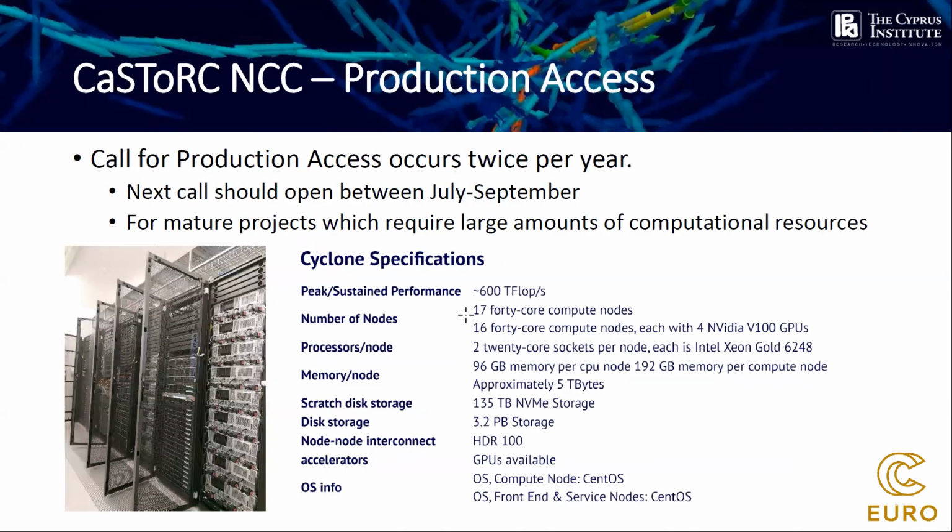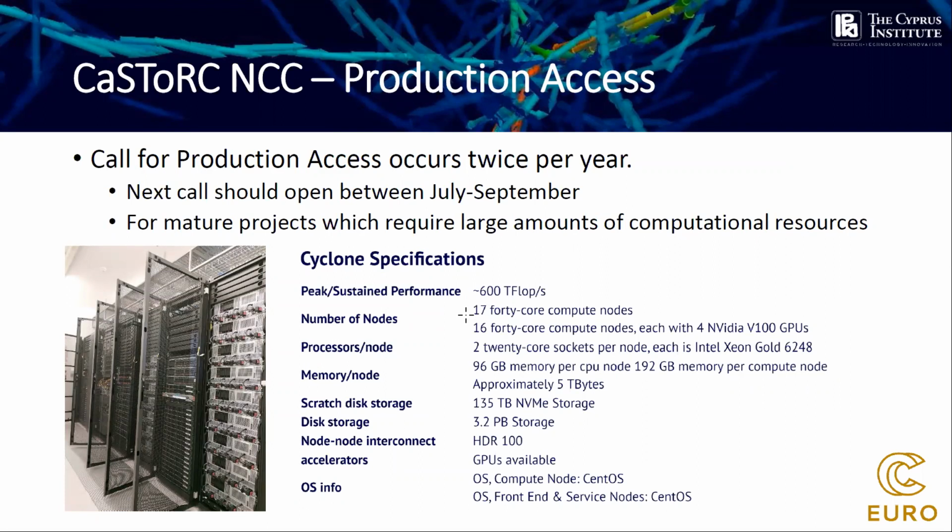Our other access method is production access. We have 2 calls for this type of access each year. The previous call closed in January, and people will get access on the system in April. The next call will open sometime in the summertime, and you will receive an email about this.